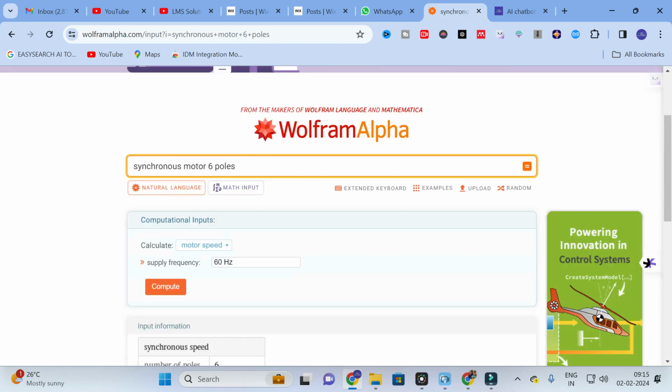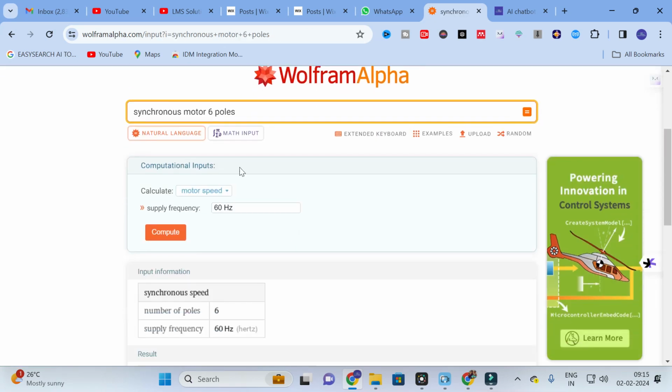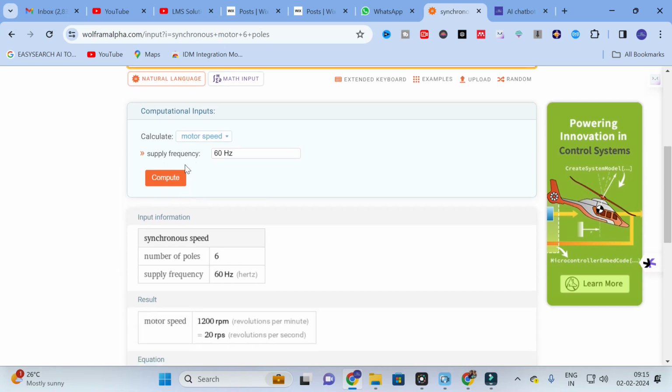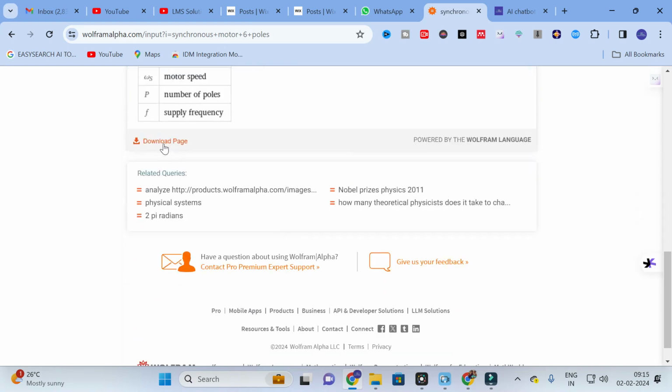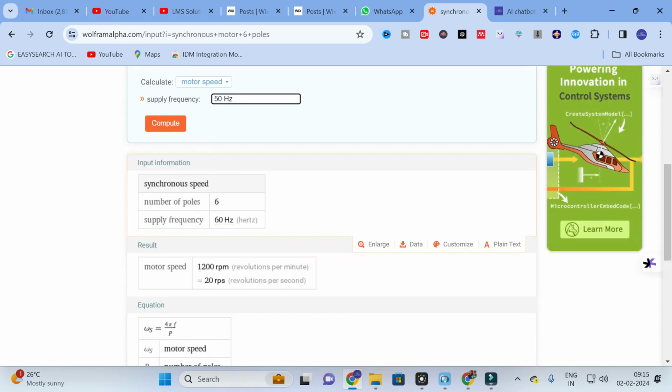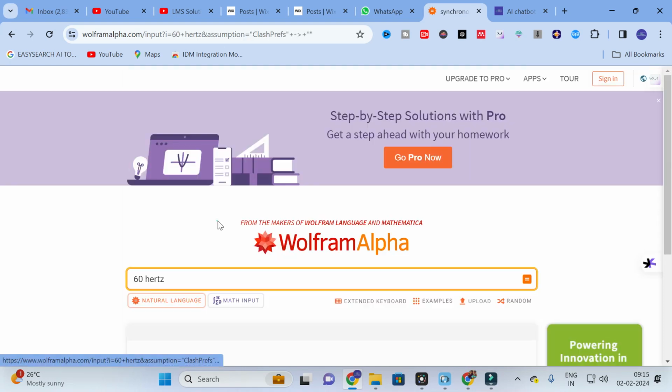Here you can see synchronous 6-pole motors. In the synchronous motor, you can, for example, give a supply frequency of 50 Hz and then click on compute. Here you can see the information available for this motor: input information, synchronous speed, number of poles and supply frequency.